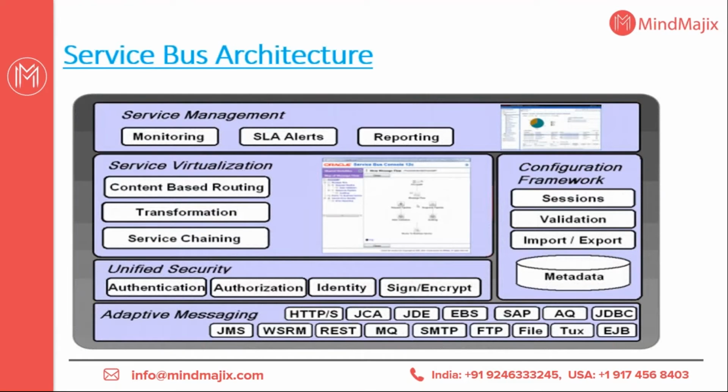This is the architecture of the service bus, where we can connect to any type of service, whether it's a web service, or JCA, which is an adapter-related concept that we will go into deeper in our training sessions. We can also connect to SAP, Salesforce, JDBC, REST-based, file-based, FTP, Tuxedo, and EJBs.